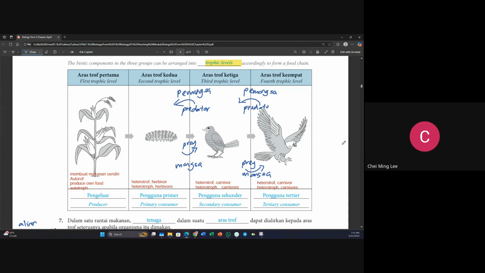If they ask the eagle's level, do you need to write 5? No, 4. Normally the questions go until 4 only. They won't let you get confused, don't worry. Your school teaches until the 4th level, never 5, because in science we normally choose the most common case.